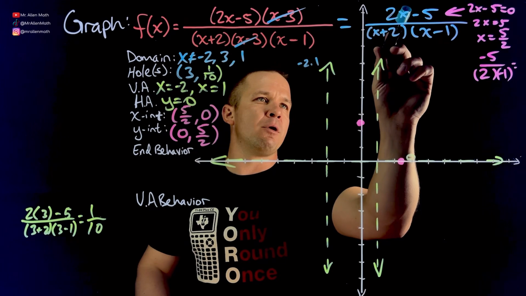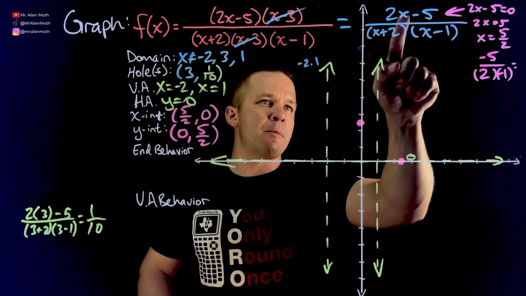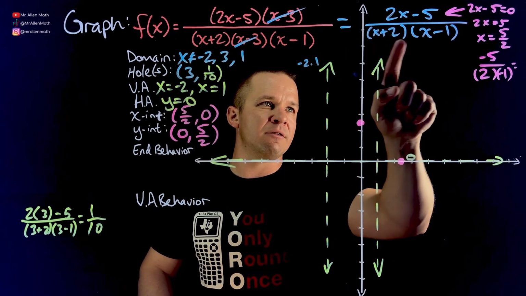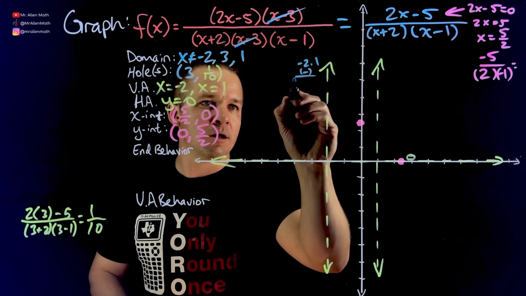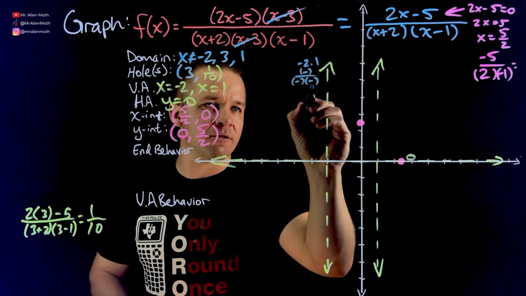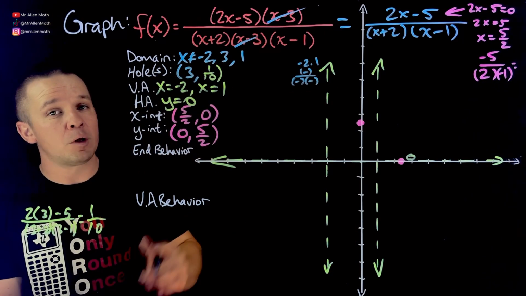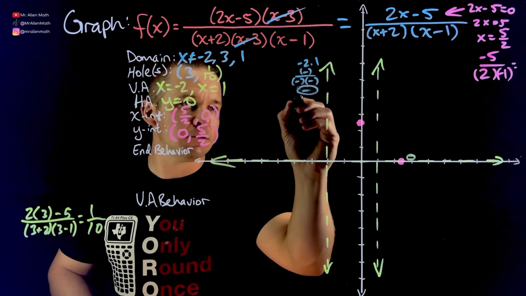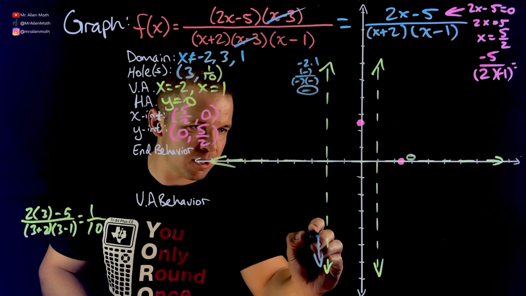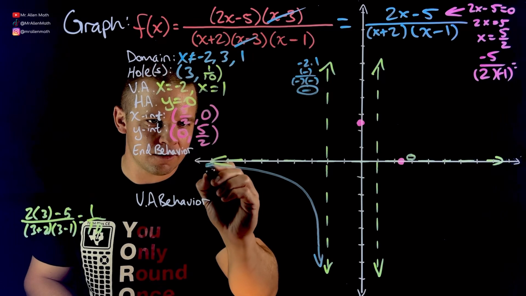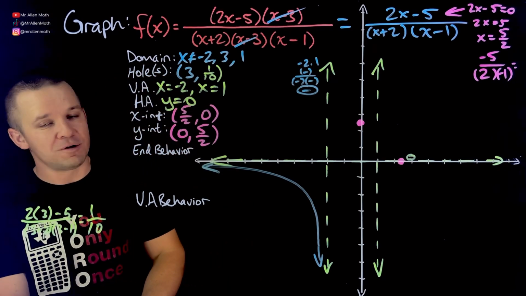If I plug negative 2.1 in here, it's going to be a negative up in my numerator. This guy's going to be negative, and that guy's going to be negative, meaning I would have a negative divided by a negative times a negative. Well, 3 negatives makes it overall negative. So I know that this graph is going to be pointing down here, and we already talked about how the end behavior is going to approach that horizontal asymptote.